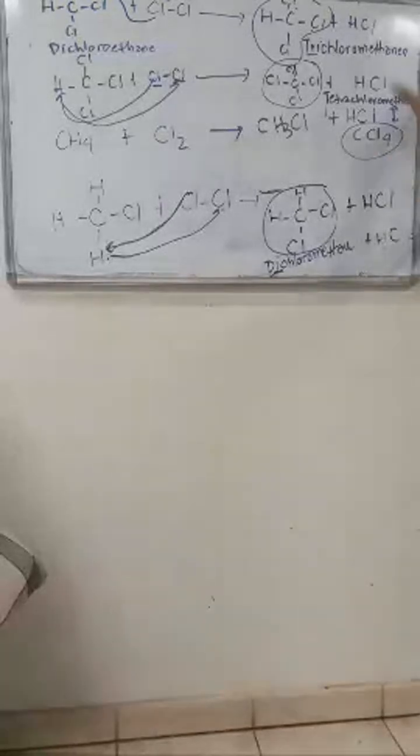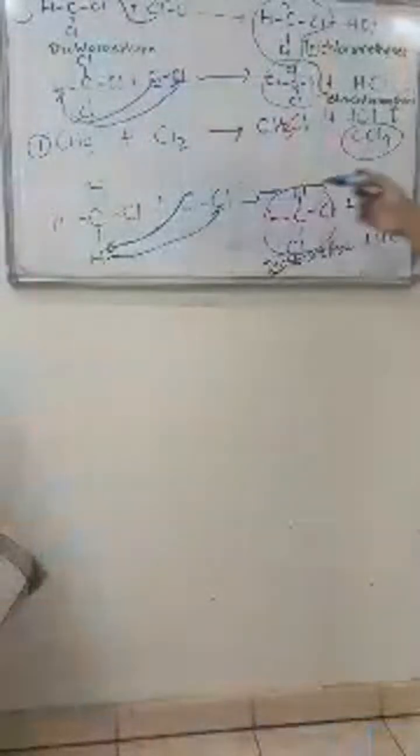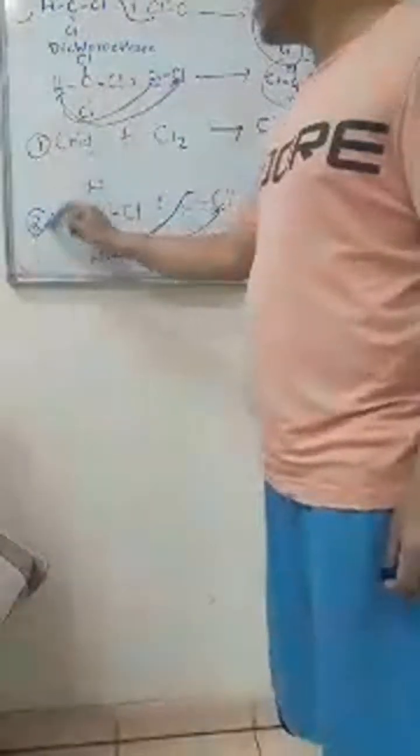Now, if you add all these reactions, this one is elementary step 1. Go back here, this is 1. The chloromethane, step 2. Trichloromethane, step 3.